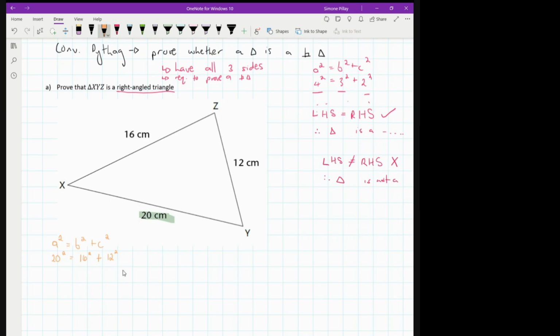Now that we have this, somebody tell me, what can I expand these numbers into? Somebody calculate for me, what is 20 squared, what is 16 squared, and what is 12 squared immediately.